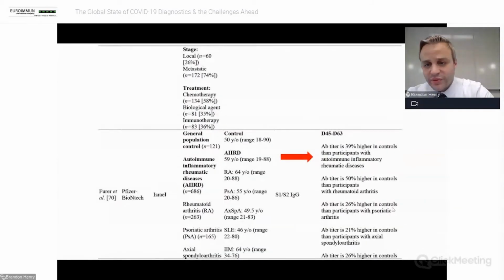And lastly, we'll point out one other, looking at, for example, autoimmune inflammatory rheumatic diseases. There's a breakdown by type of inflammatory disease in the table, but overall they found that the antibody titer is 39% higher in controls than in participants with autoimmune inflammatory rheumatic diseases.